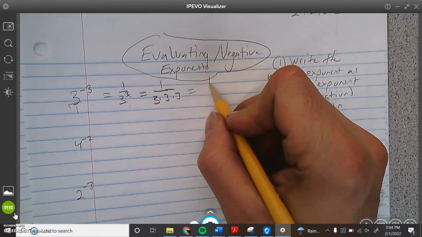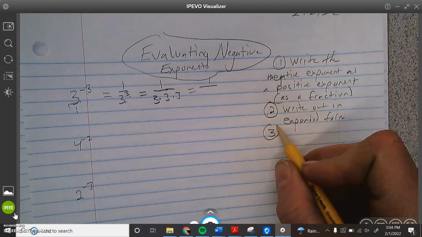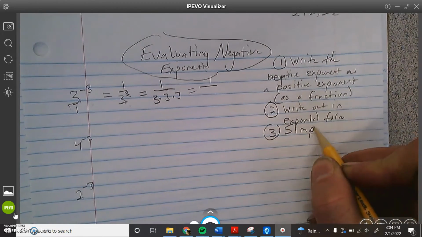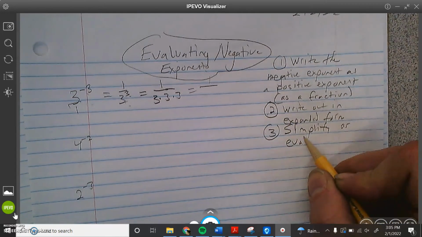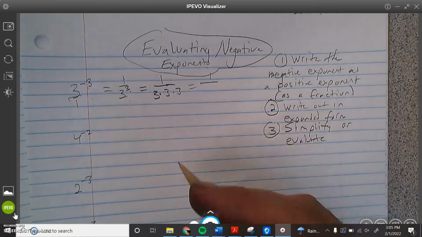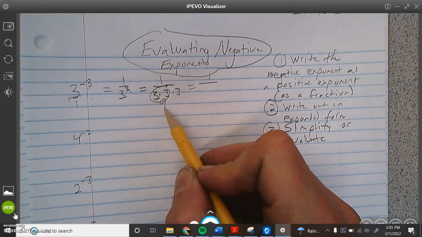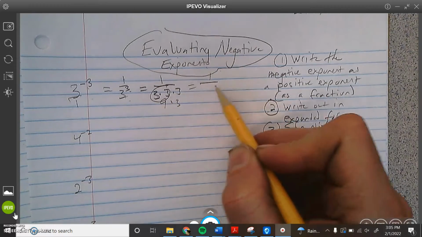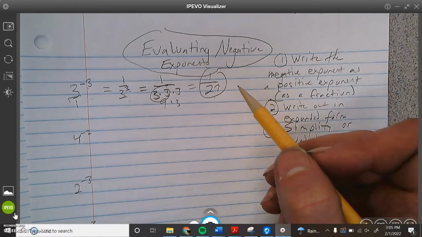The last step is to simplify or evaluate, whatever you want to say. In those cases, these are the same thing. So 3 times 3 is 9, 9 times 3 is 27. There we go. So 1 over 27.